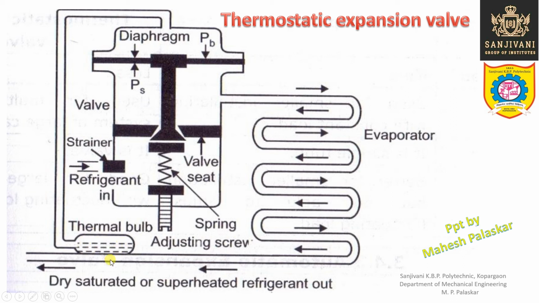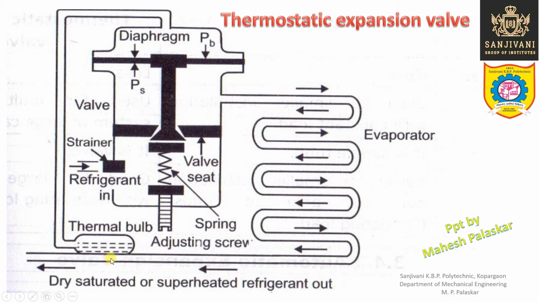And this thermal bulb is heated due to the refrigerant which is leaving the evaporator, right? So the temperature and the pressure of the fluid in the thermal bulb depends upon the temperature of the refrigerant which is leaving the evaporator, right?